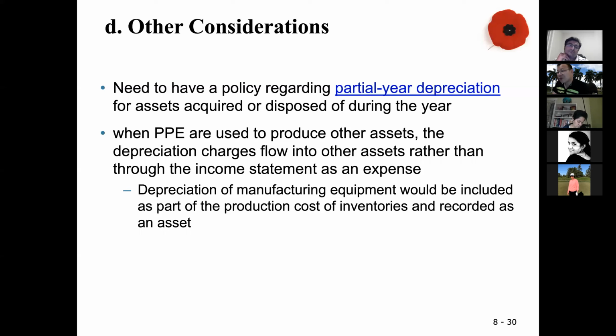So if it's absorption costing, a portion of those fixed costs will be absorbed in the inventory. So some of the depreciation expenses can end up on the balance sheet in the form of inventory. Just keep that in mind. Not all depreciation expenses flush through the income statement.